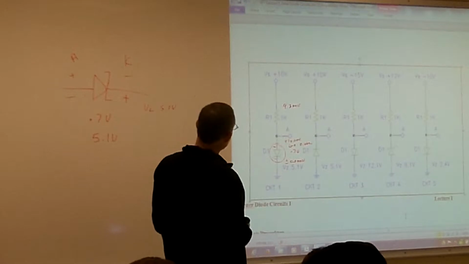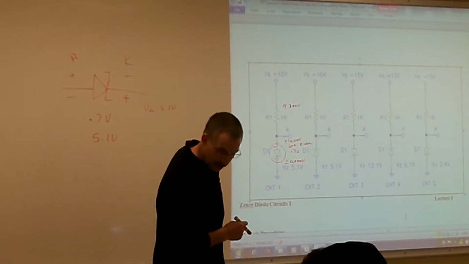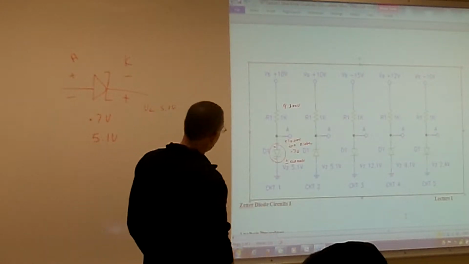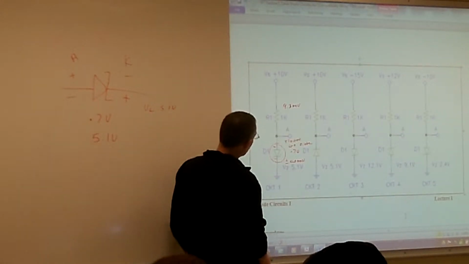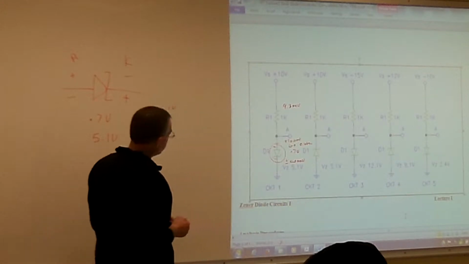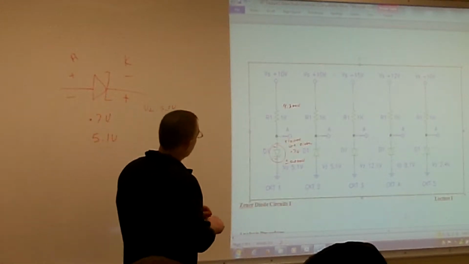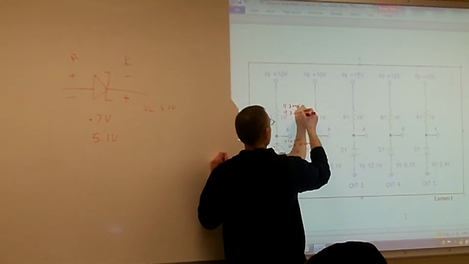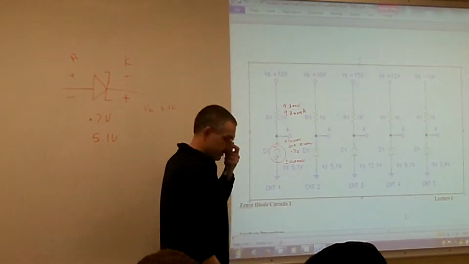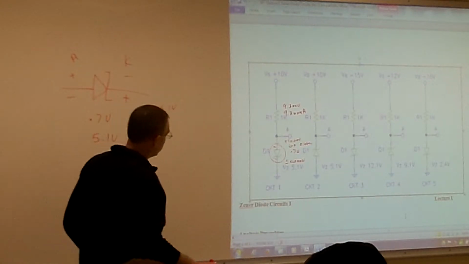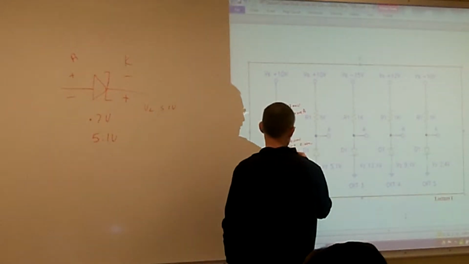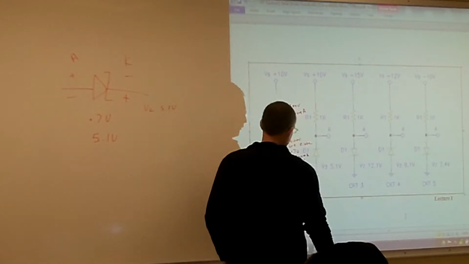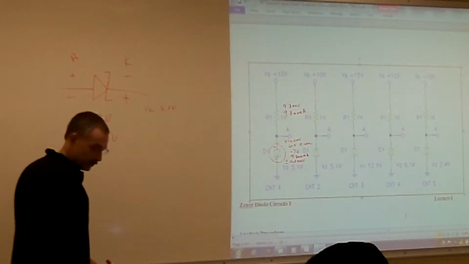Yeah, so we've got enough information, we can jump down towards the bottom there and figure out our current. What's my current going to equal? 9.3 milliamps across my resistor, and my diode also has 9.3 milliamps going through it since it's a series circuit.